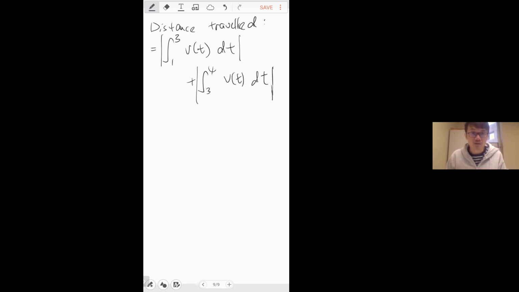Does it make sense? Without the absolute values, one of them would have to be negative and the other one positive. I don't care about which one is positive and which one is negative. I just want them both to be positive. So I need to put absolute value separately for both of them. Make sense?